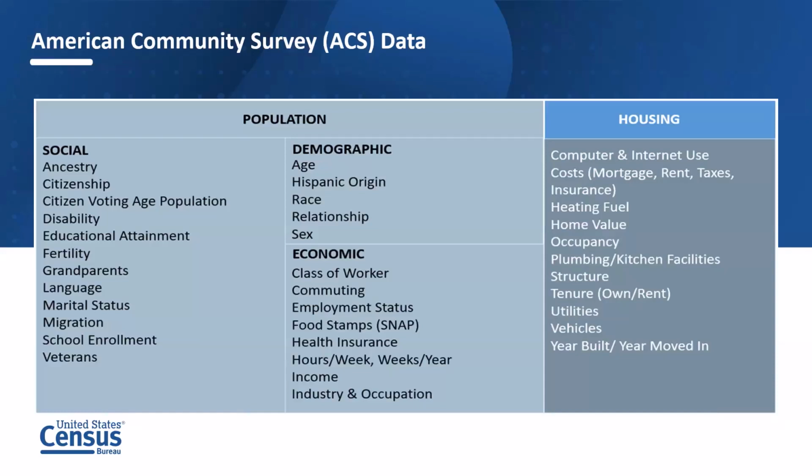And then if you look at economic, you can get who has health insurance? What's median household income like? What industries, what occupations do people work in? And then we have any number of housing data topics as well, such as how old are the homes? What's the median home value in your city, your town? How many people own or rent their homes?